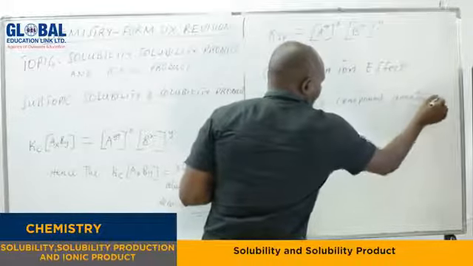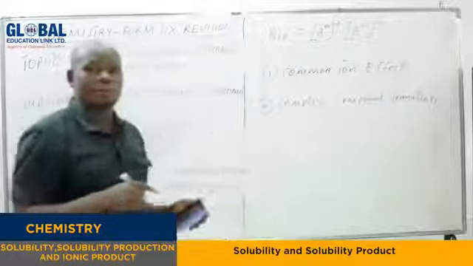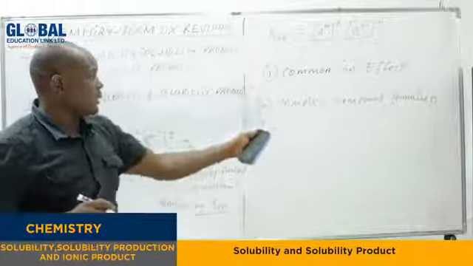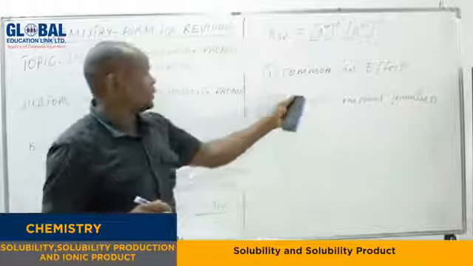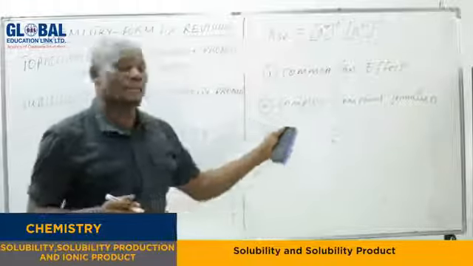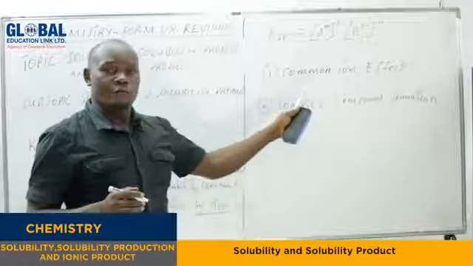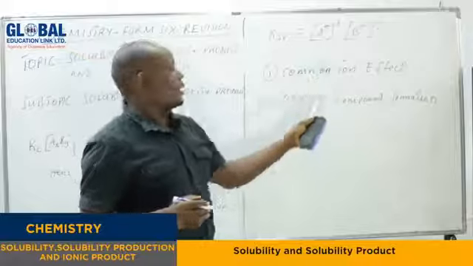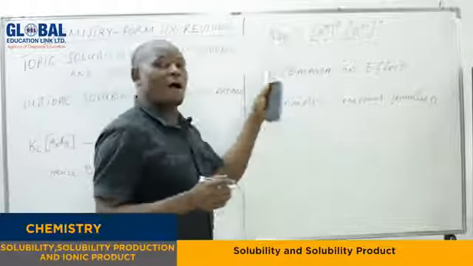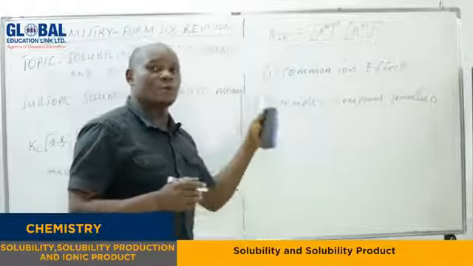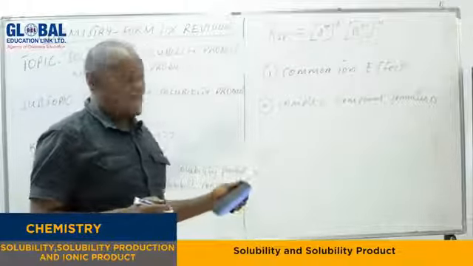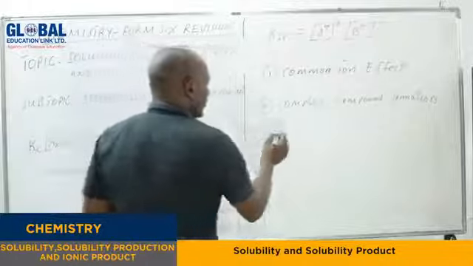So this is our main part to consider in this discussion. How do they affect the solubility of a substance, or how do they affect the solubility constant of a given reaction?